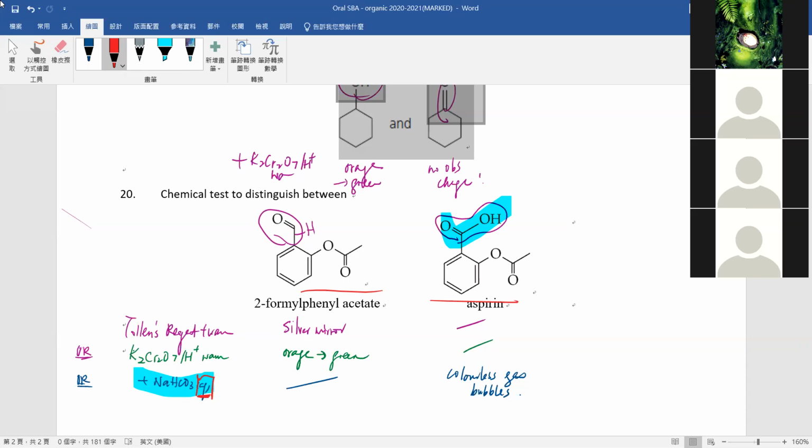So that's why you are asked to write aq here. You never put it in solid, and you look for colorless gas bubbles. Okay, this is what I would like to share with you and remind all of you about. Any questions so far?